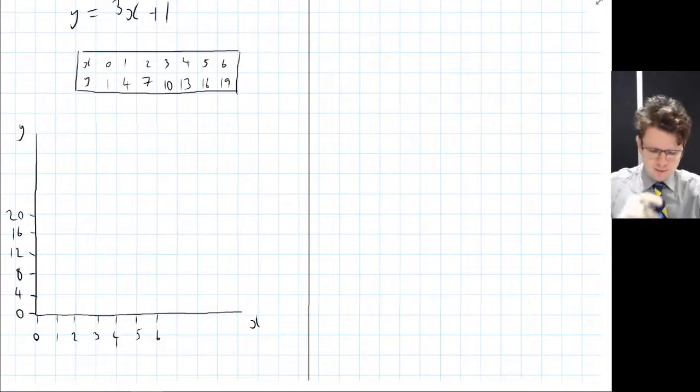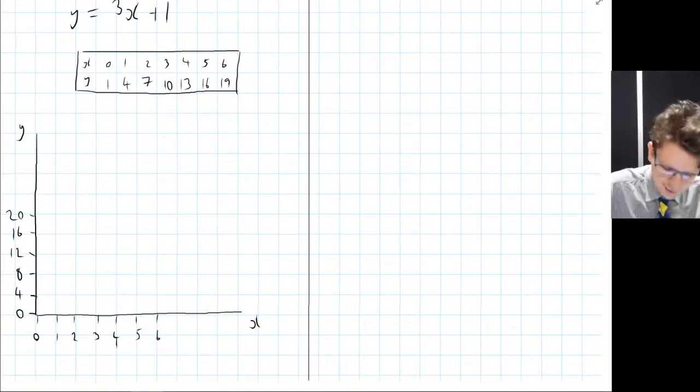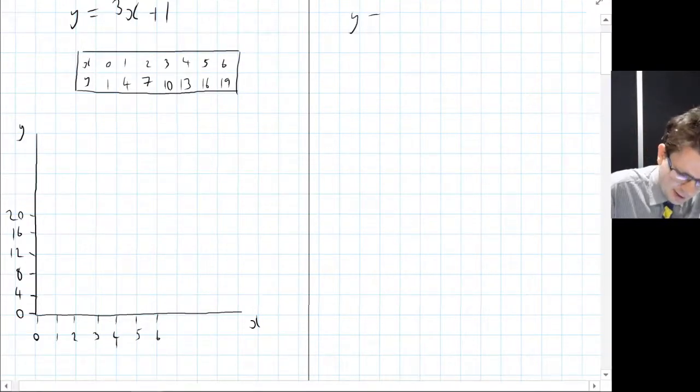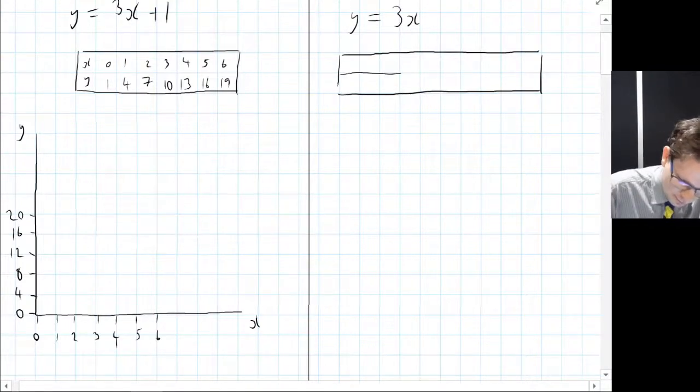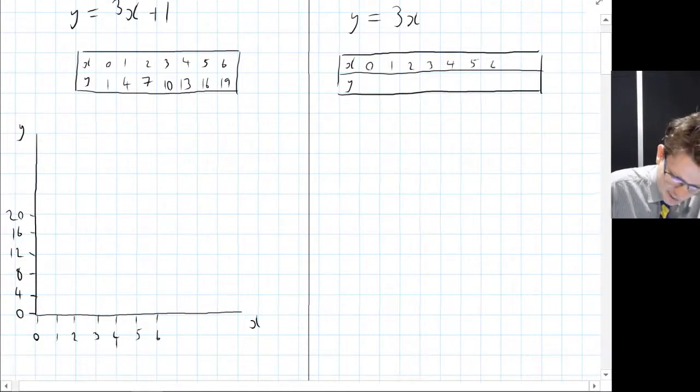So, before I go through that, first of all, have a go at your own one. So I'll give you a different one. You can have y equals 3x, just 3x. X and y, and we'll have 0, 1, 2, 3, 4, 5, 6.